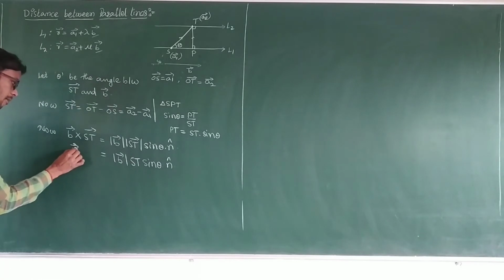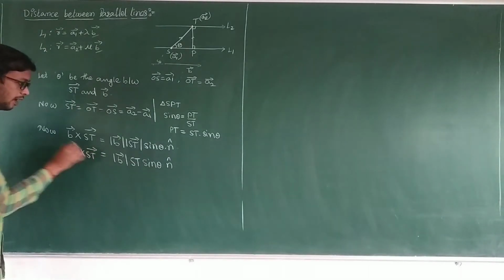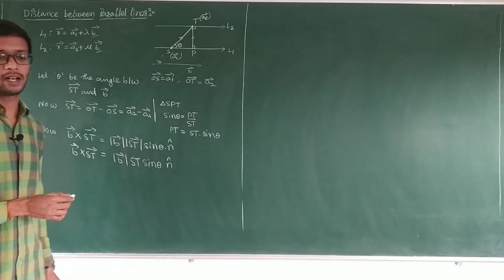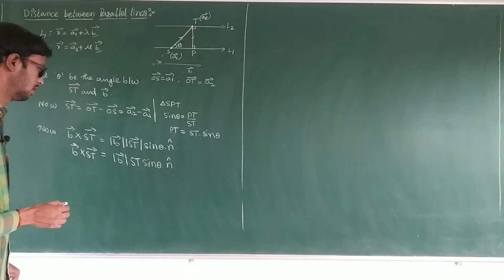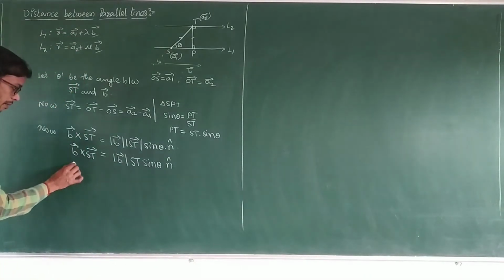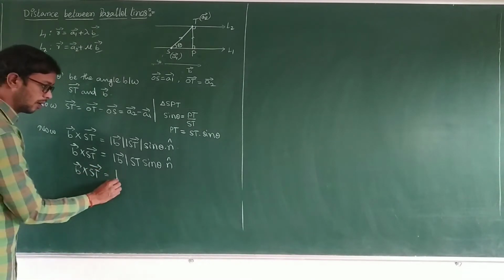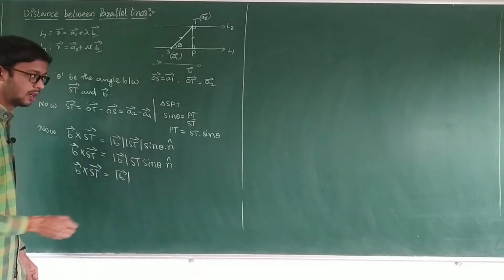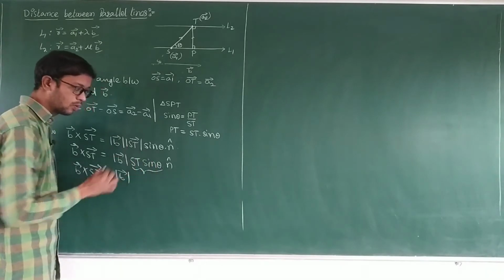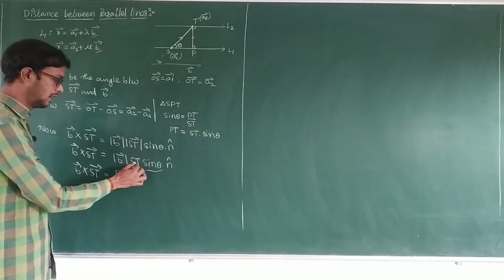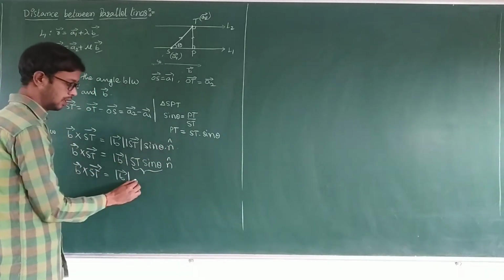This is b bar cross ST bar. Now b bar cross ST bar equals magnitude of b times ST into sin theta. ST into sin theta is nothing but PT.